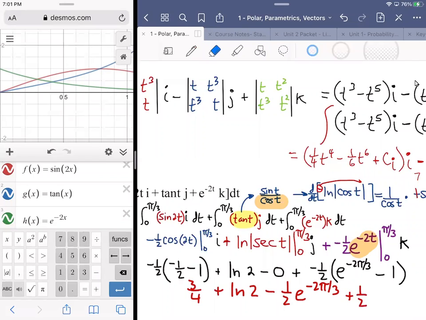So we can merge these two bad boys. All right. So that's going to be 5/4. So what I'll do is I'll just wipe this out and make this a 5/4. The strategic use of an eraser.